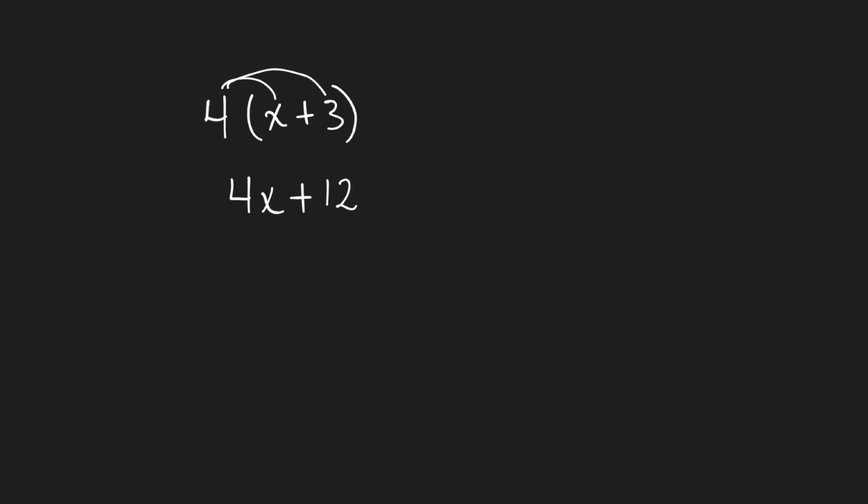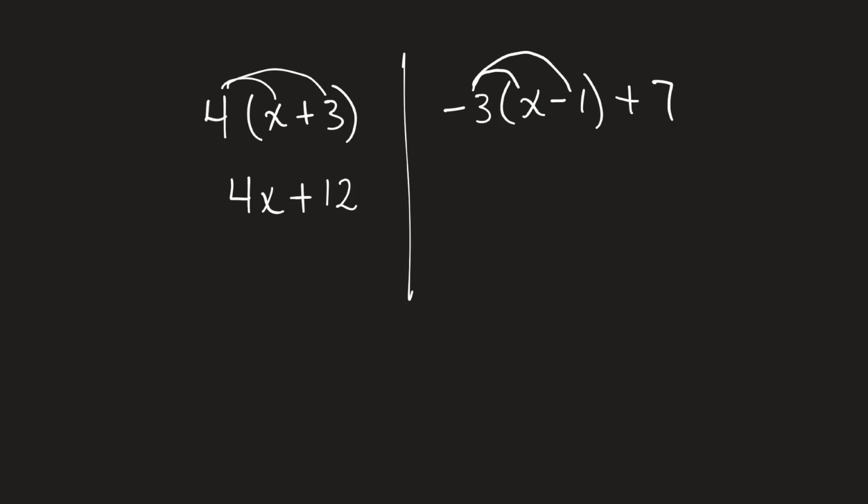Now, what you might see is something like this, where we have, how about this, negative 3 times the quantity x minus 1, plus 7, something like that. And in this, we would distribute the negative 3 to each item inside the parentheses.